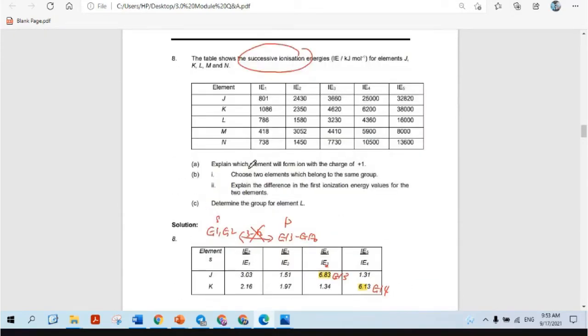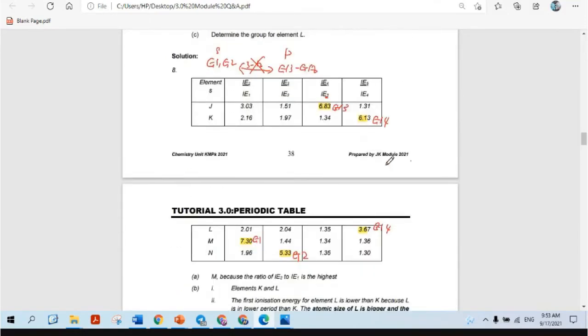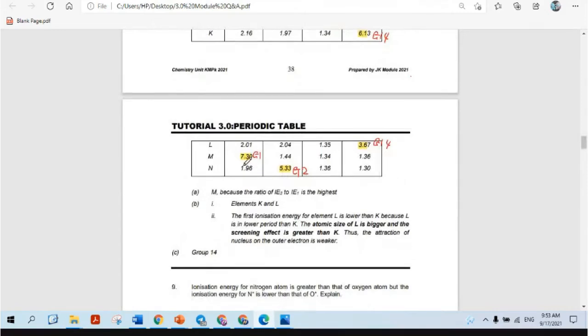For example, explain which element will form ion with charge of positive 1. So for sure it's group 1 element. Group 1 element will remove 1 electron to form positive 1. So M. How to explain? Because the ratio of IE2 to IE1 is the highest.